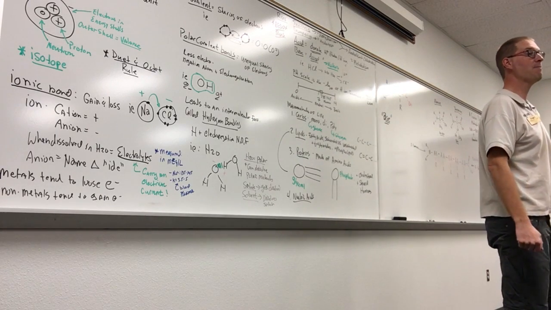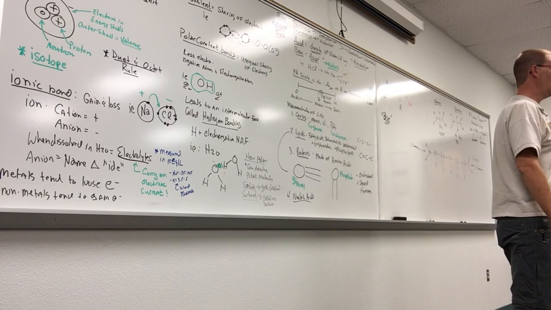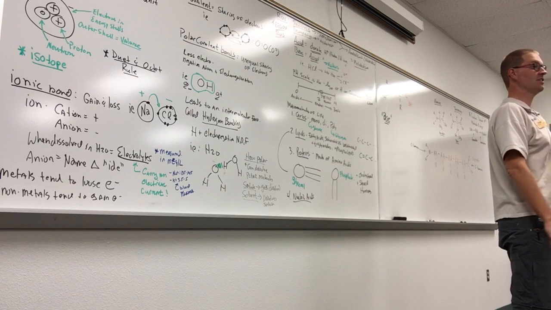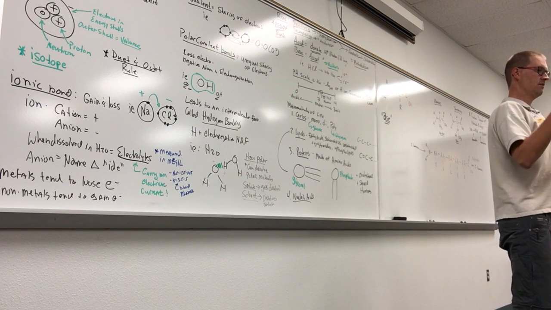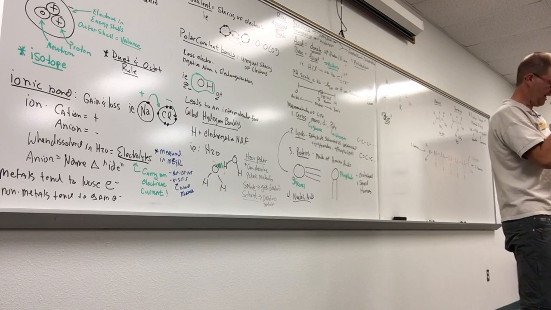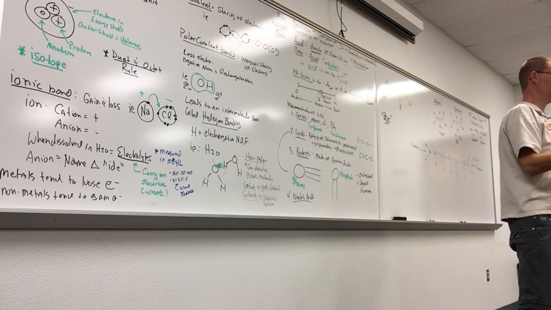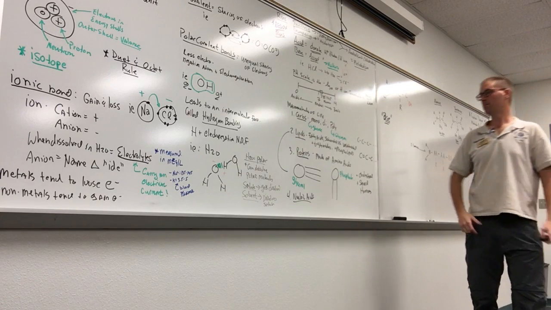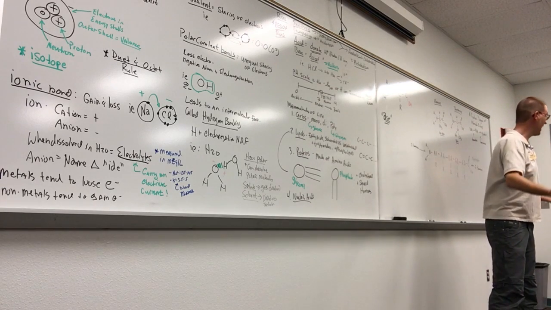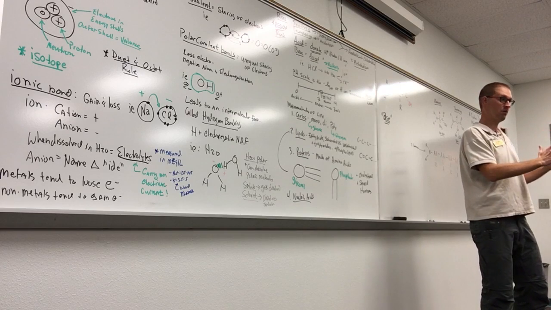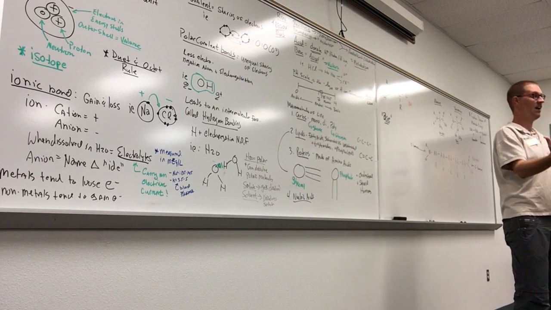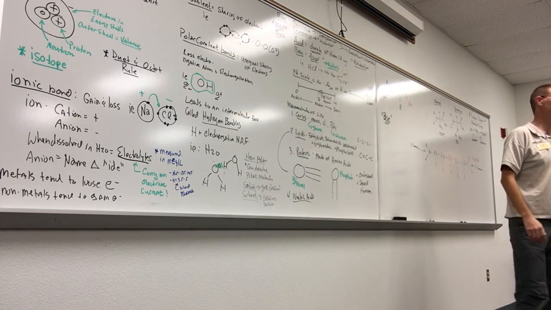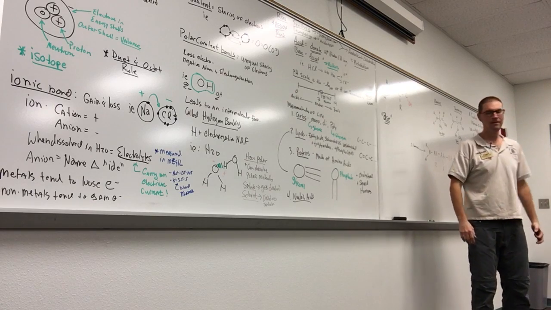So lipase, for example, lip would be a lipid, and ASE is an enzyme so it's a lipid enzyme, and so you can kind of look at it and go, oh, it has something to do with fats. I bet it helps break fats down, right? So lipase, protease. Prot is protein, ASE is enzyme. Oh, it's an enzyme that breaks down proteins. So does that kind of make sense?